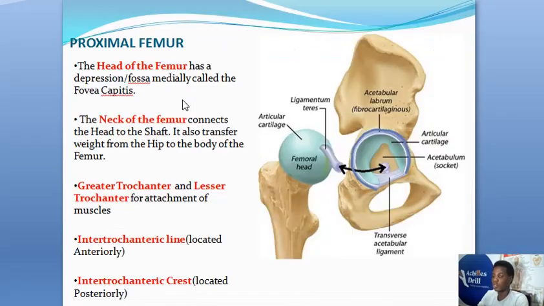Okay, so now let's talk about other things associated with the proximal femur. We have the intertrochanteric line, which is located anteriorly. There is an important line right here, the intertrochanteric line. And then we even have an intertrochanteric crest, which is actually located posteriorly, behind. I have a picture of that.